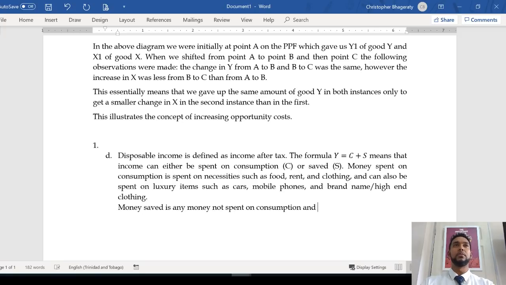And usually when we think of savings, where do we put our money? We could put it in banks or other financial institutions, or investment vehicles such as mutual funds, or some people used to do and probably still do under the mattress, or in a shoebox under your bed.